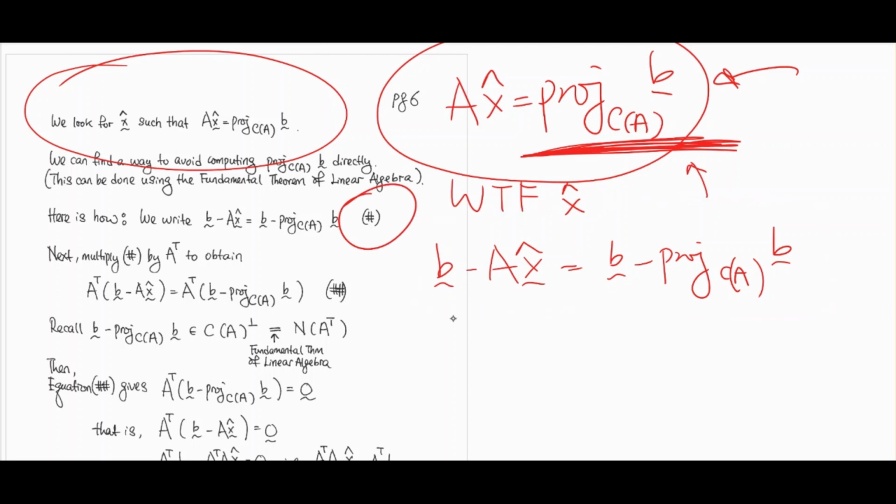Let's now multiply this equation on both sides by A transpose. Why do I want to do that?